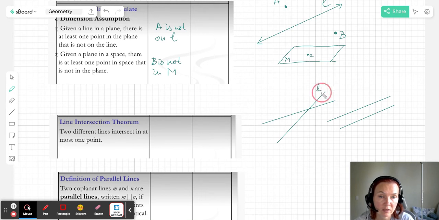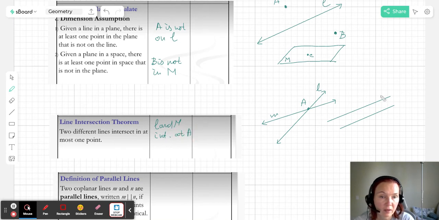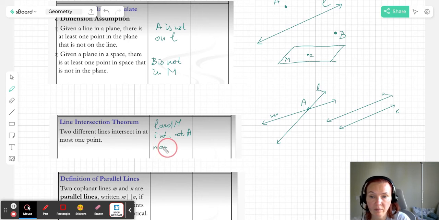So my line L and line M intersect in one point. L and M intersect at point A. And then I have line N and line K.